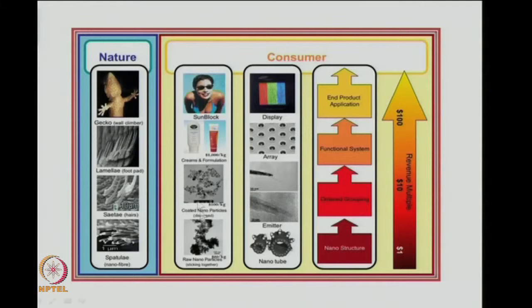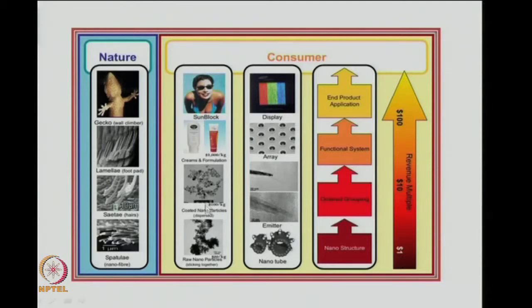And in nature also you can see nano structures like fibrous structures in these spatulae to hairs, and then to lamellae, and finally to feet. You can see from the starting particle to the end product. Similarly, in man-made objects you can see the nanomaterials with which you start and the finished product.